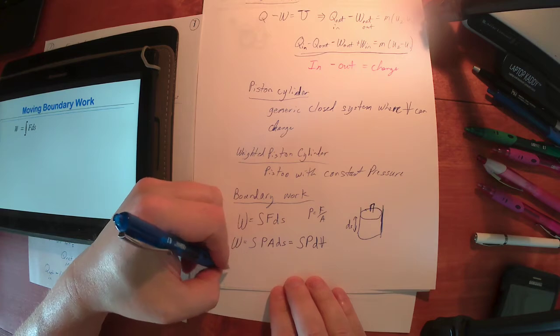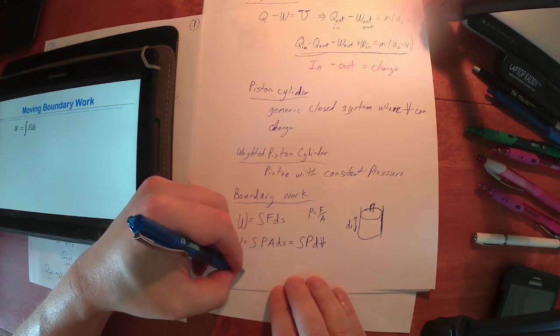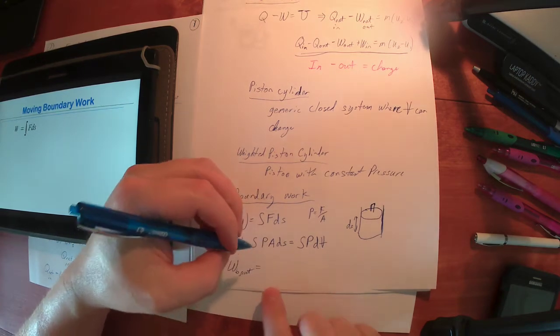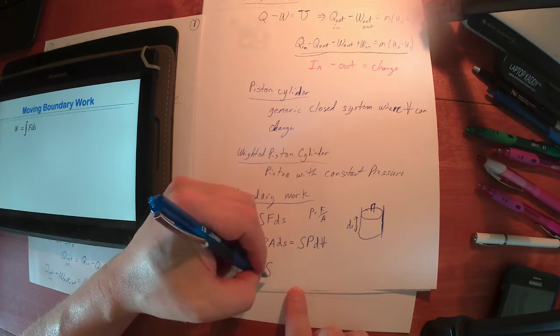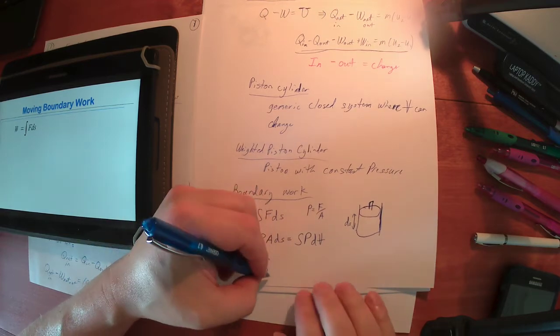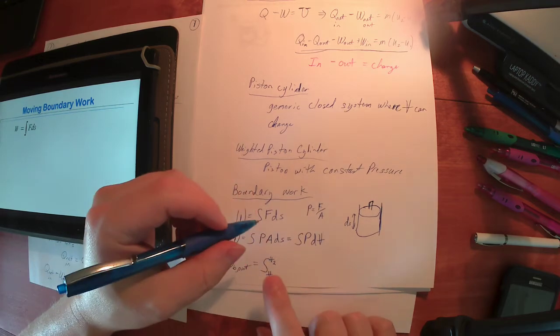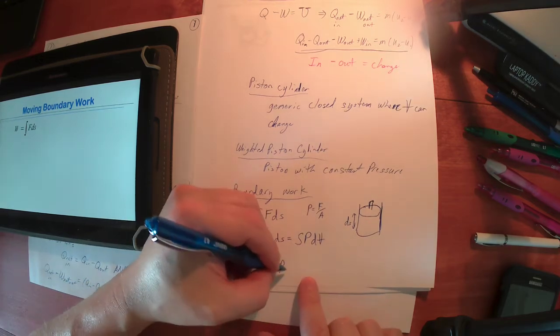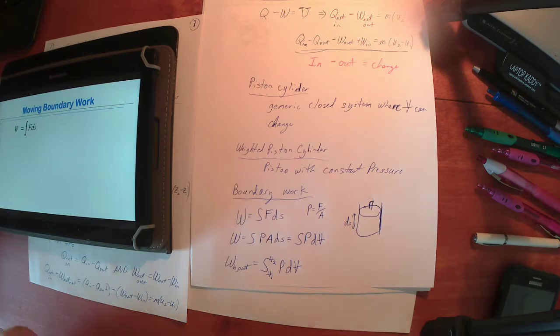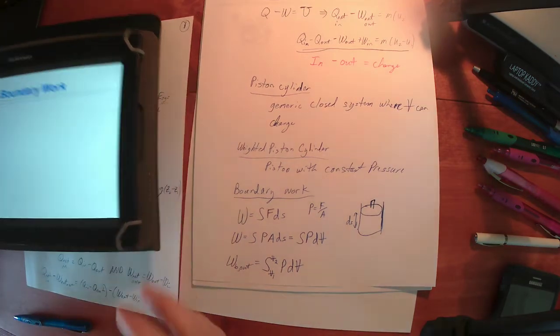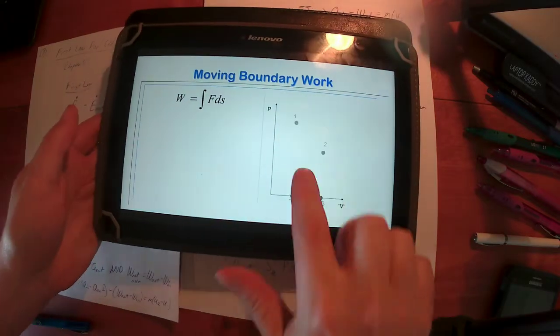And so what we find, the boundary work, if we compute it in the out direction, the work that the system puts out into the surroundings to expand, is from the initial volume to the final volume, pressure with respect to volume. Graphically, that looks like this.